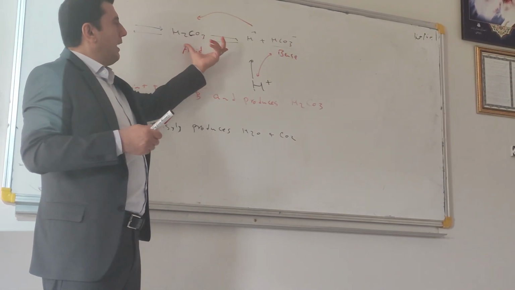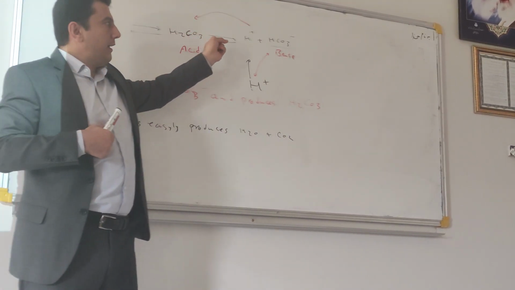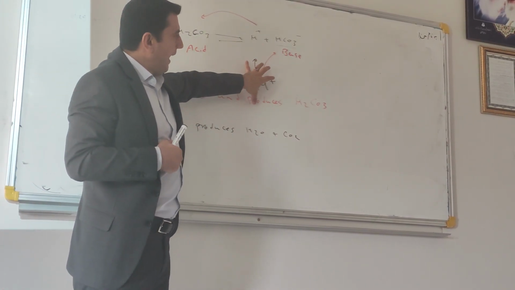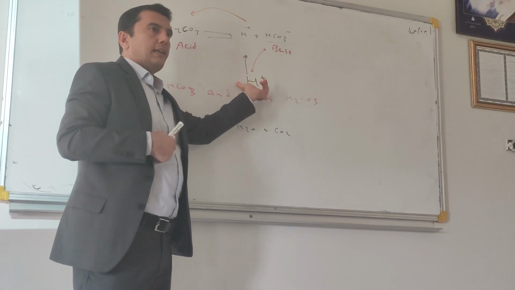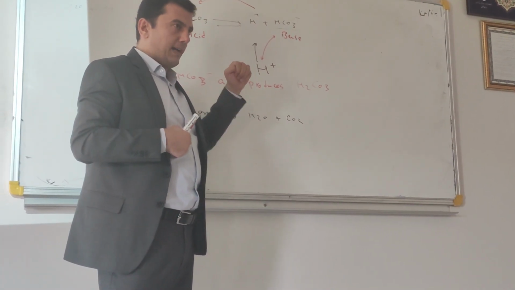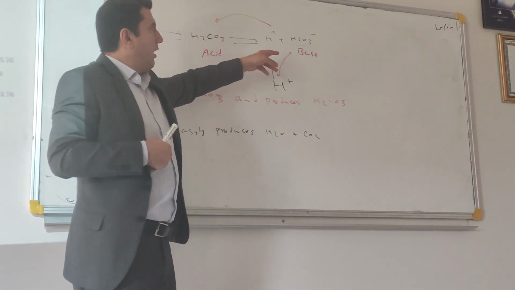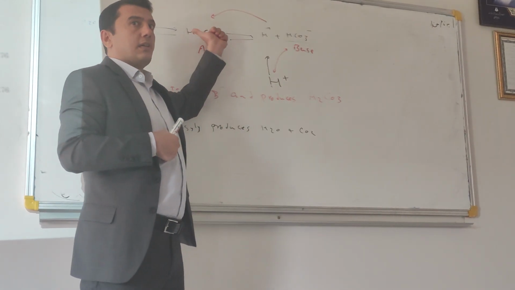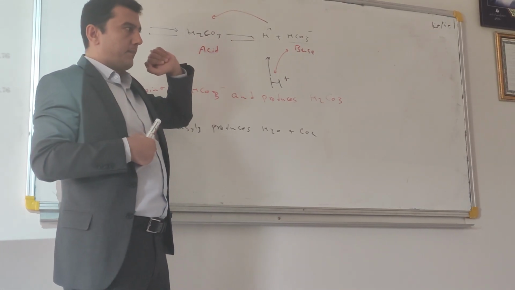We have these molecules in our body that fight the added acid, so that the H plus added to our body is neutralized with the base which exists in our blood and produces H2CO3.